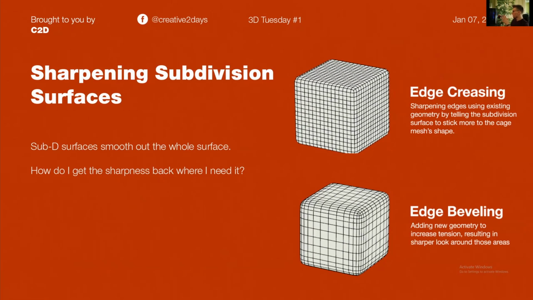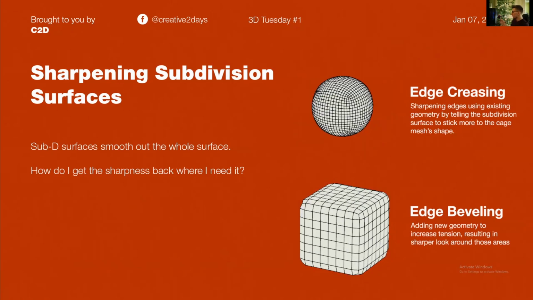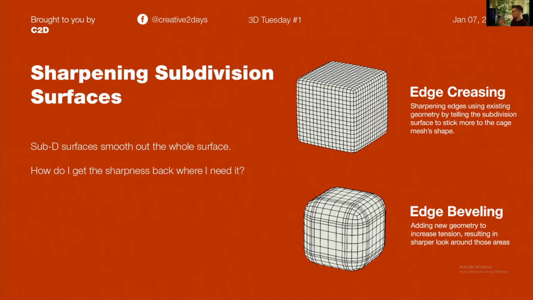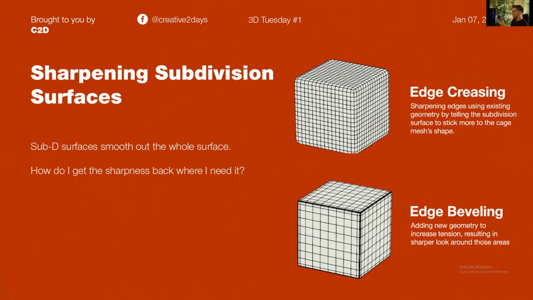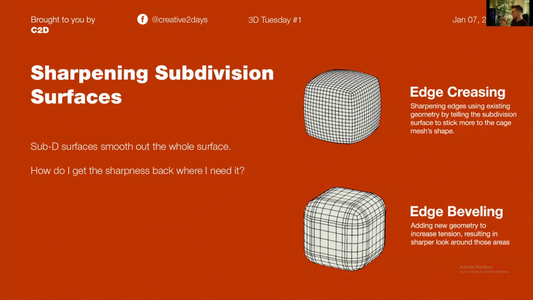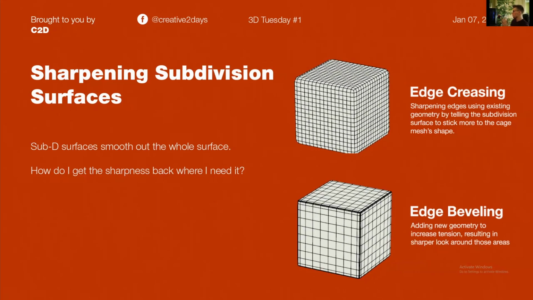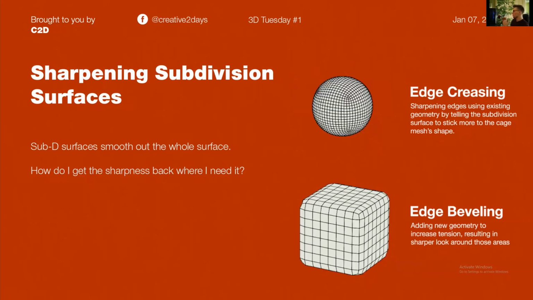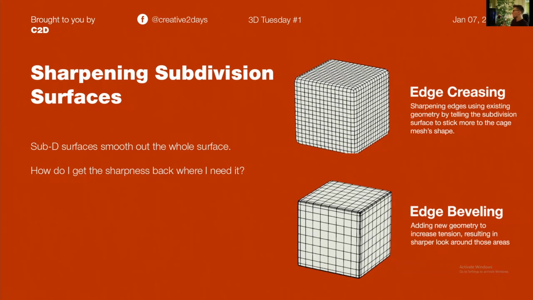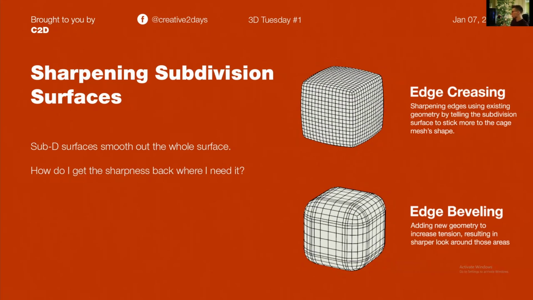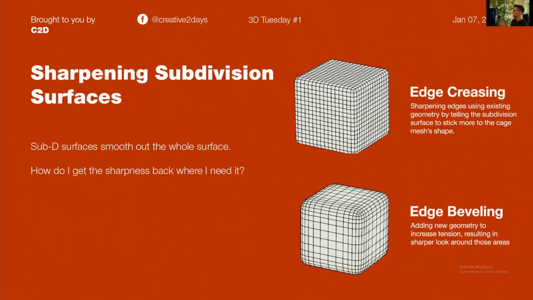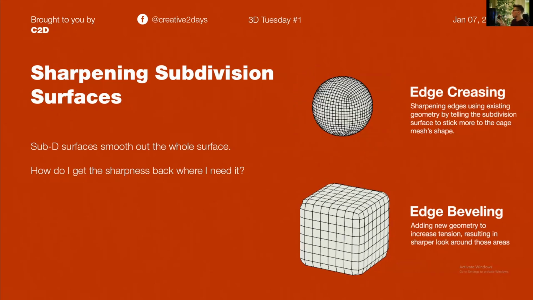You're beveling the edges, and because you're creating more geometry around that area, Subdivision Surface is going to take that geometry into account and smooth between the geometry that is super tight in the corners, therefore achieving this sharpness. You can also use edge creasing, and with edge creasing you can get that 100% sharpness back when using Subdivision Surfaces when it's necessary.